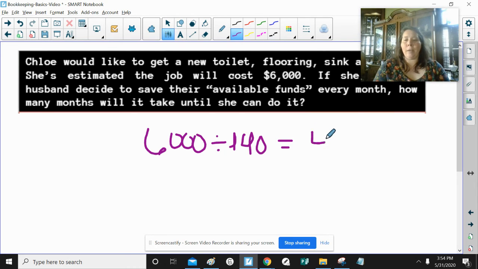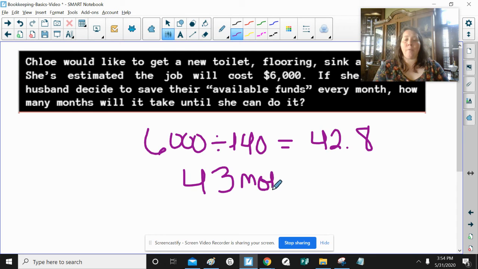Well, that's not going to be a round number. It's going to end up being somewhere around 42.8. 42.8 rounds up to 43 months. So it's going to take them 43 months to save up for their remodel. Okay, 43 months is just shy of 4 years.